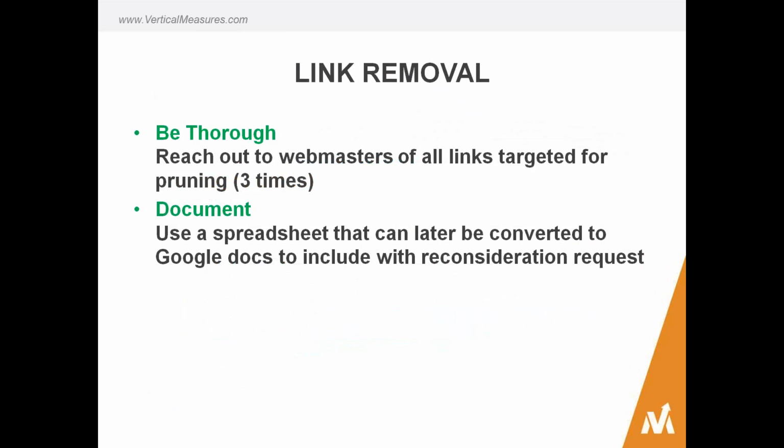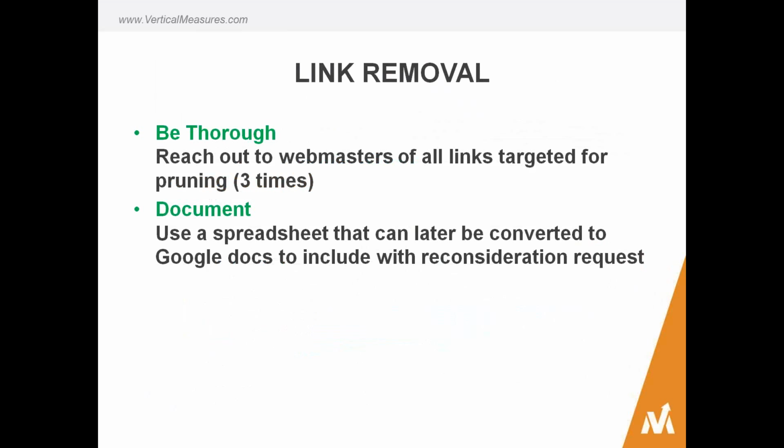All right, so let's talk about link removal and some of the important factors here. First thing is to be thorough. And this is one of those things that sparks a lot of debate. Google doesn't say specifically what thorough means, but in some of the responses you'll see in your reconsideration request, they say that they absolutely recommend in their documentation in Webmaster Central that you do your best to remove these links, okay?